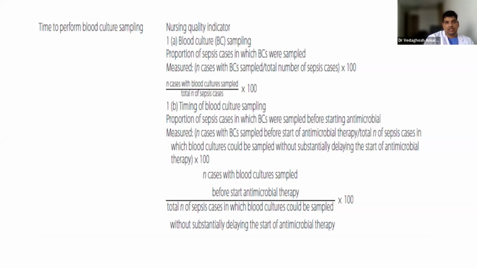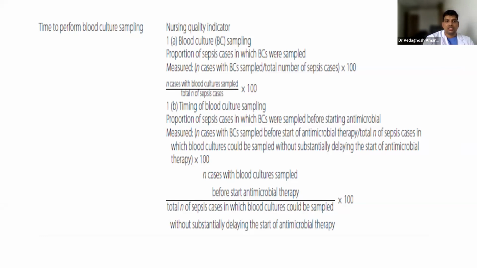It's a sampling: if you take 100 patients and you started antibiotics in 100 patients, and you have taken blood culture in all these patients, then your quality indicator will improve.